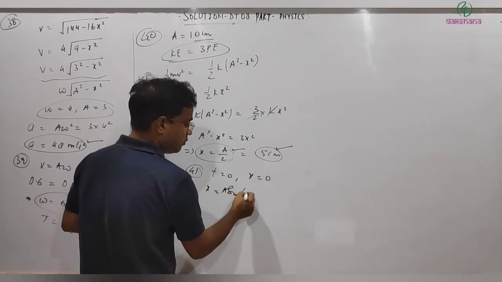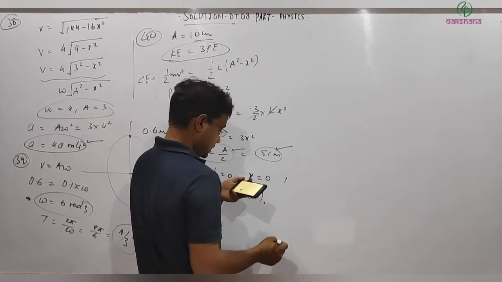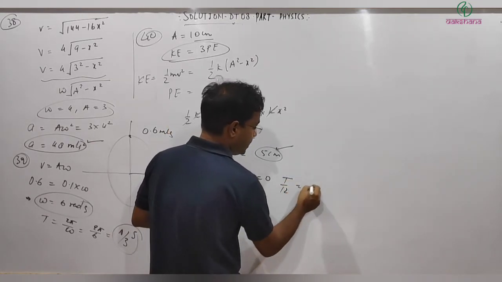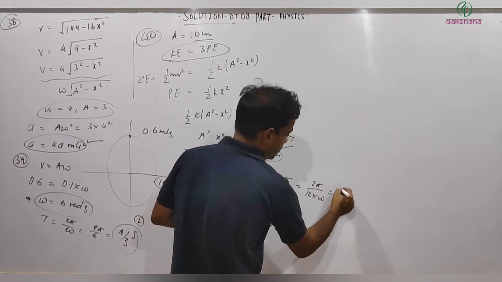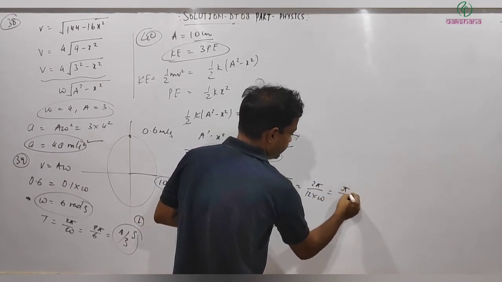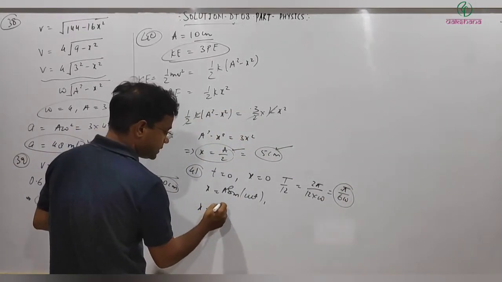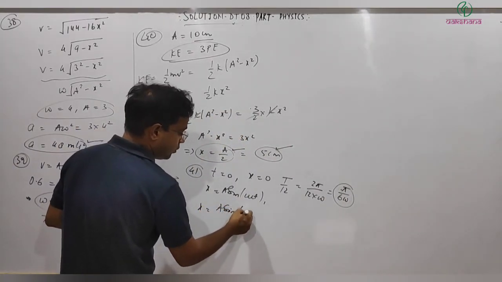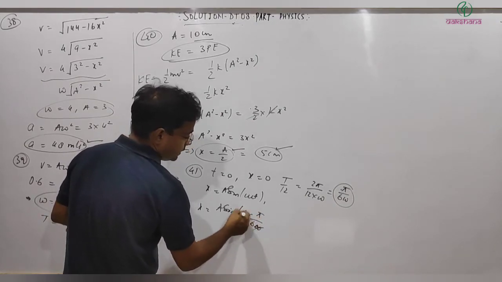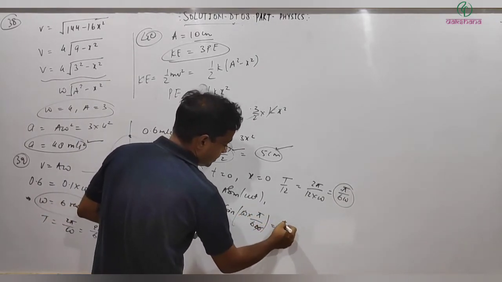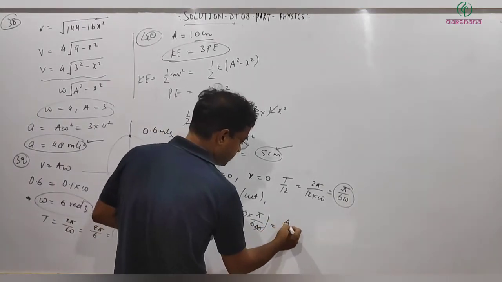A sine of omega t, and t by 12 means 2 pi by 12 into omega, that is pi by 6. Substituting x, I am getting a sine of pi by 6, sine pi by 6 means 30, that is a by 2.